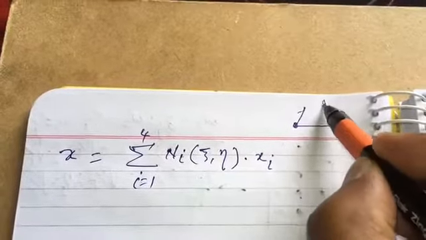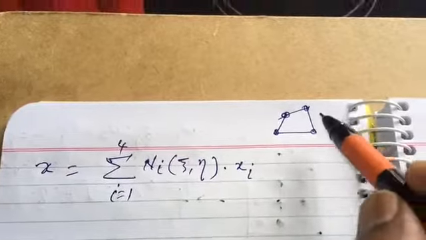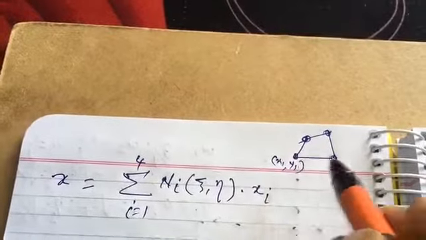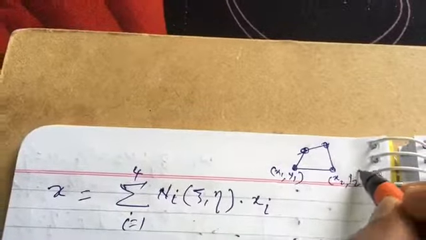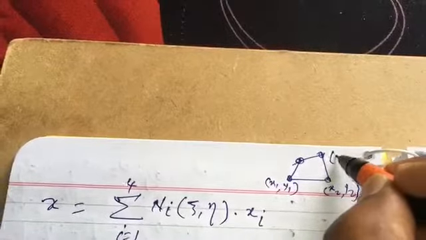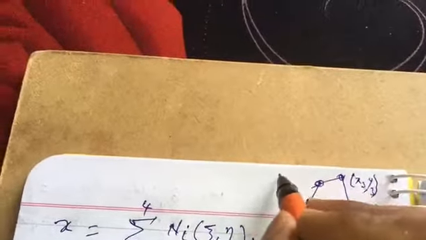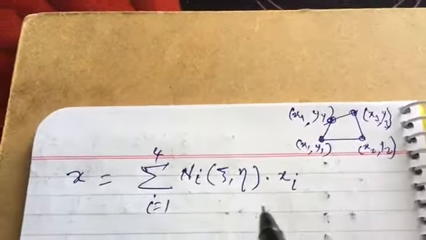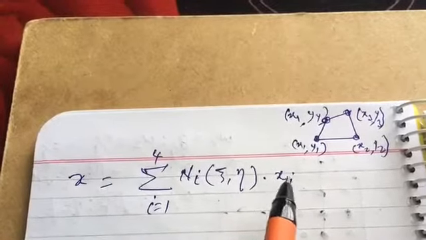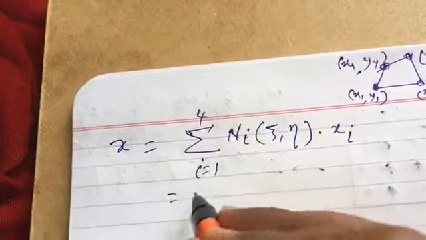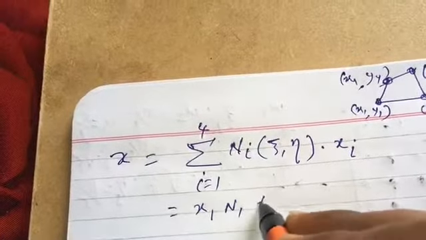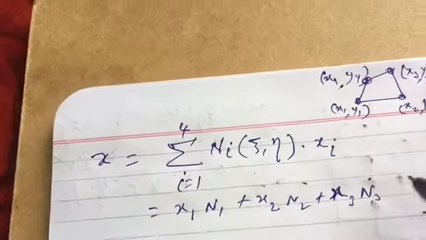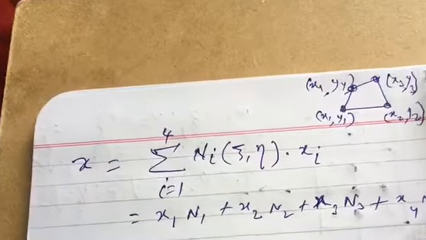So if this is the quadrilateral, x1 y1 is here, x2 y2 coordinate for the second vertex, then x3 y3 third one, x4 y4 is the fourth one, then x is given by this, so that really means x equal to x1 n1 plus x2 n2 plus x3 n3 plus x4 n4.